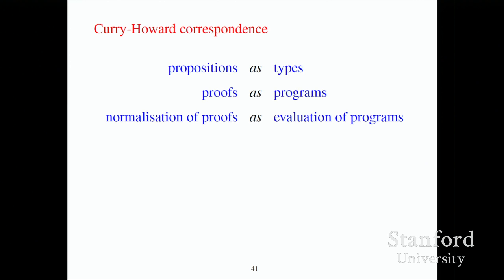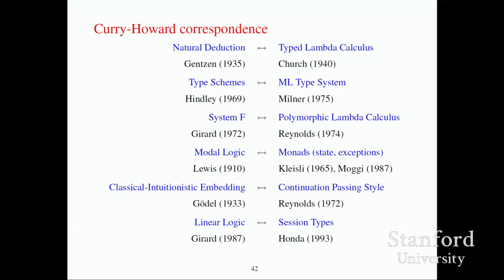But that was kind of what happened. And the reason why is because it doesn't just happen for natural deduction and simply typed lambda calculus, but for pretty much, as was mentioned at the beginning, every single logical system you can name, there is a corresponding computational system. And I've mentioned just a few of those correspondences there.